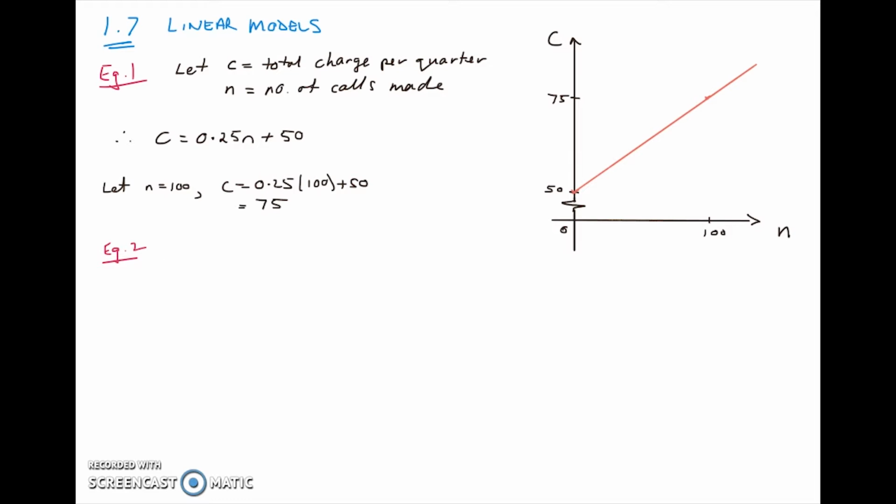Again, let's assign variables for the different parts. We're going to let C again represent the total charge or the total cost, and in this case, we'll let T represent the time that the company is hired for, and that time will be in hours.